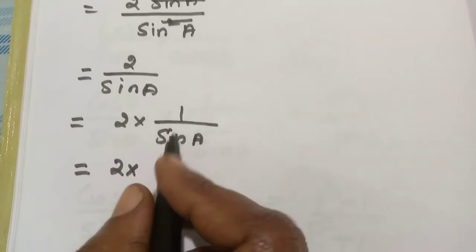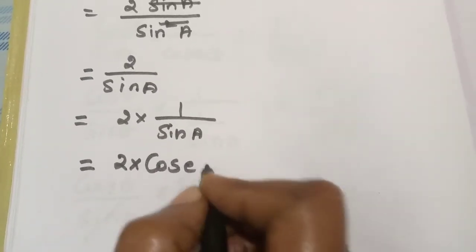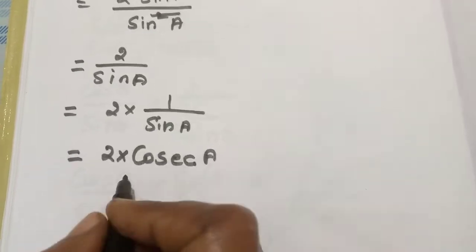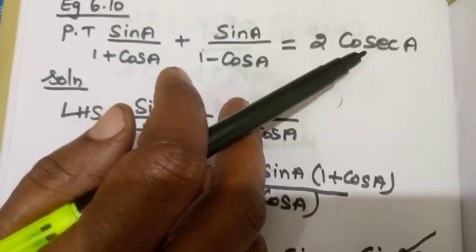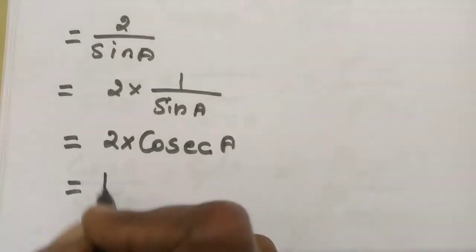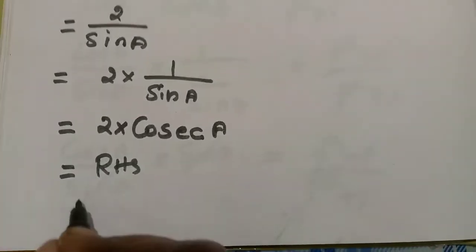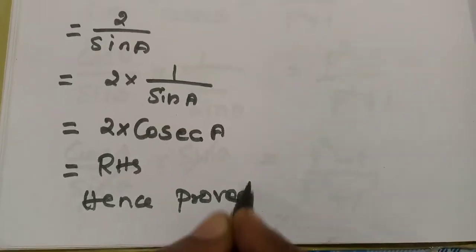So 1 by sin A can be written as cosecant A. So what is the RHS? 2 into cosecant A, which is equal to RHS, hence proved. Understood, students?